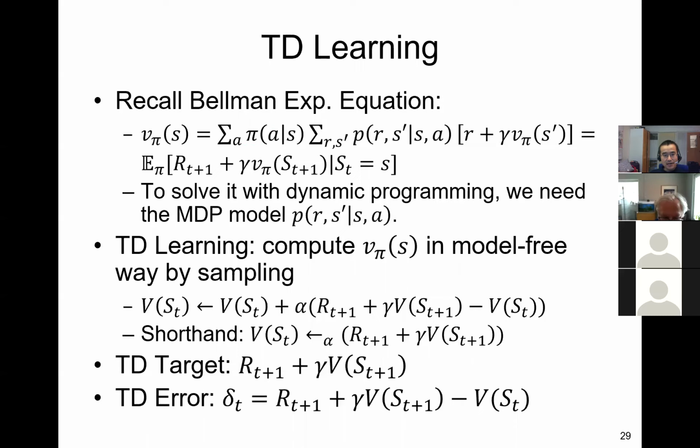So TD learning: if you recall the Bellman expectation equation we saw before, if we solve it with dynamic programming, we need the MDP model P. For TD learning, we're model free. We don't have the MDP model, so we evaluate the expectation by sampling.